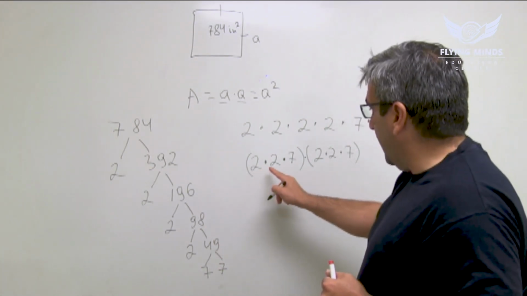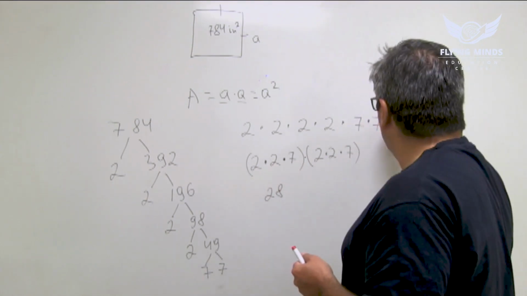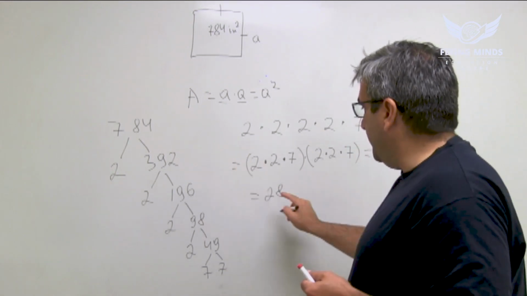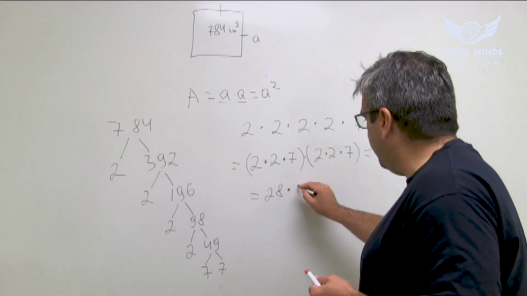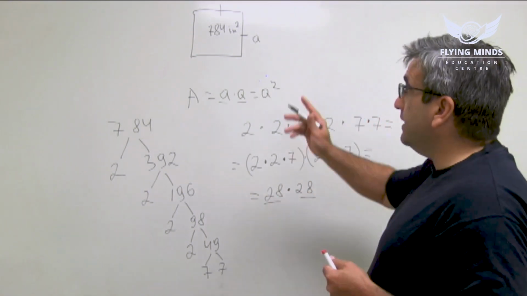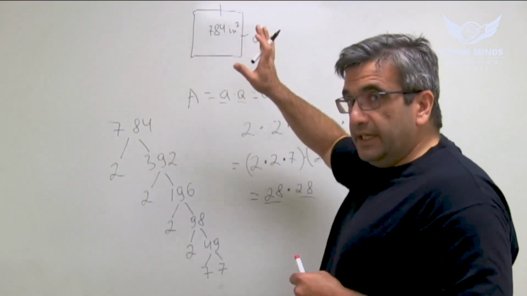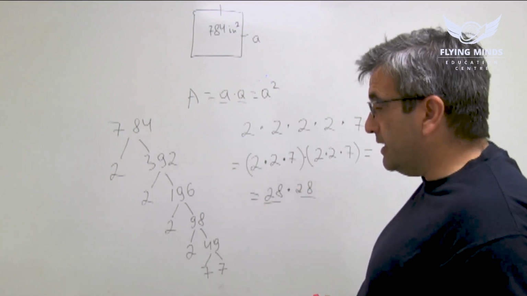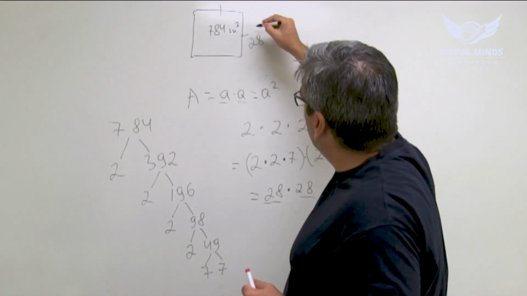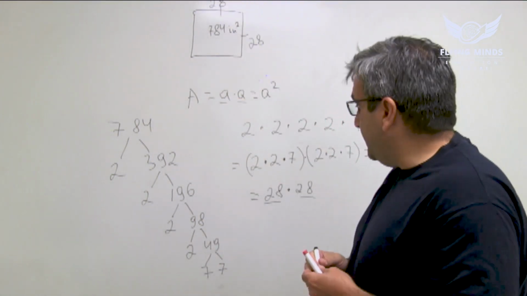And what do we get? 2 times 2 is 4, 4 times 7 is 28. In the second group, we have 28. Now we've got two identical factors, and it proves that this shape is indeed a square with side length 28. So it's 28 by 28.